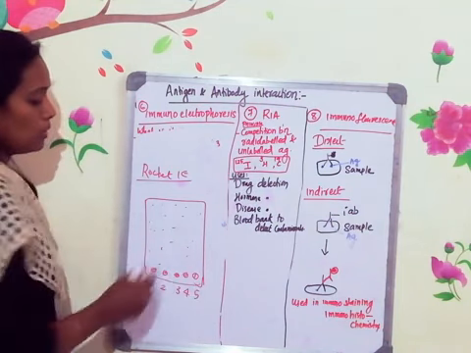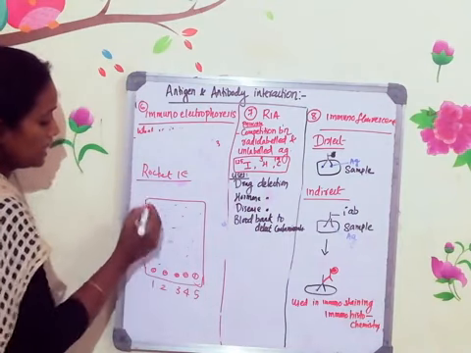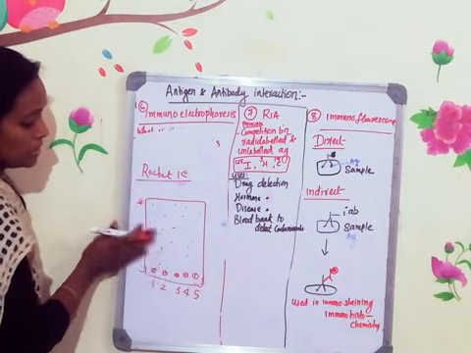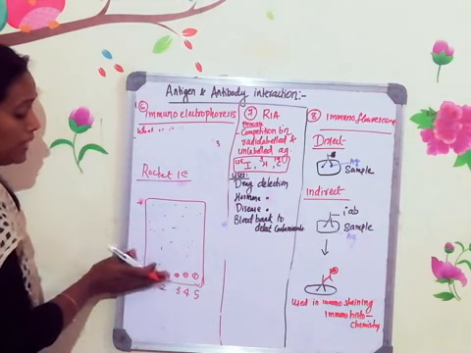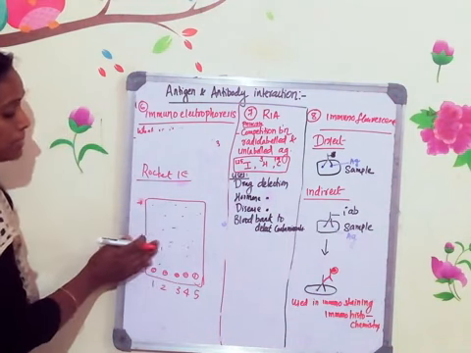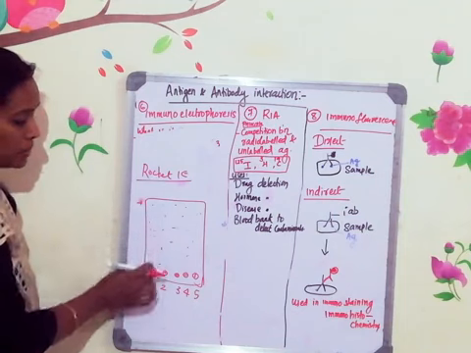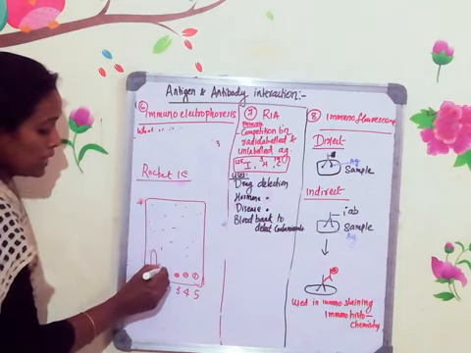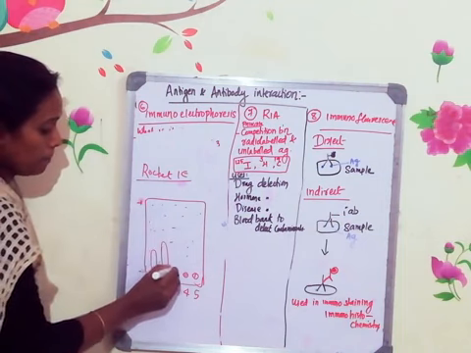Once the samples are loaded, you do the electrophoresis. When you do the electrophoresis, the antigens which you loaded into the well get separated, and because antibody is there in the agarose, the reaction happens, and after the reaction you can see a rocket-like precipitin arc.